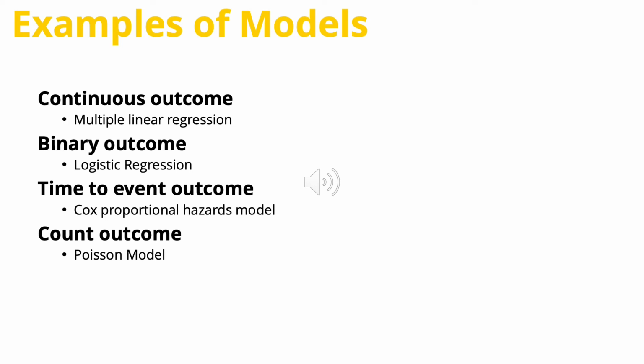Cox proportional hazards models are used when we have a binary outcome variable, but we also have information on the time to event. So the time to myocardial infarction, yes or no. And then Poisson models are used when we have a count outcome. So if we weren't looking at myocardial infarction, yes or no, we were looking at the number of myocardial infarctions you had. So did you have 0, 1, 2, 3, or 4 myocardial infarctions?